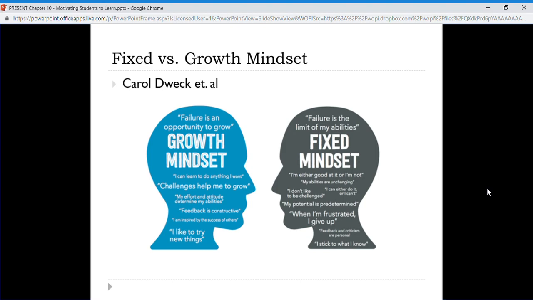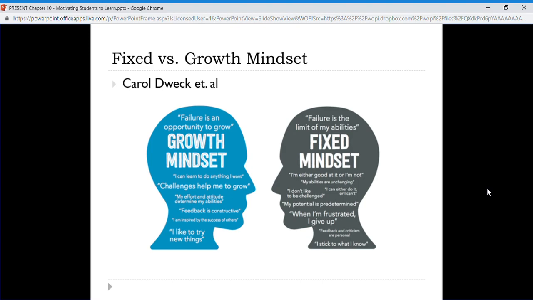In another study, Dweck and her colleagues gave teenagers 10 challenging problems. After the teenagers completed the questions, half of the students were praised for their ability, and the other half of the students were praised for their effort. Praising students for their ability encouraged them to adopt a fixed mindset.